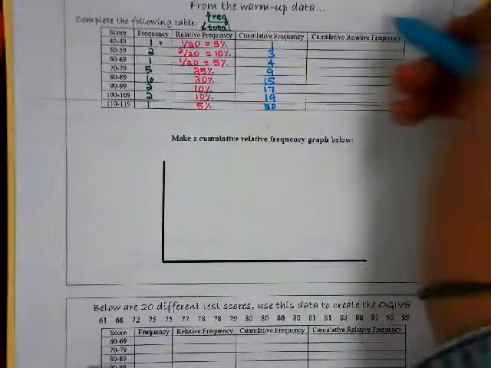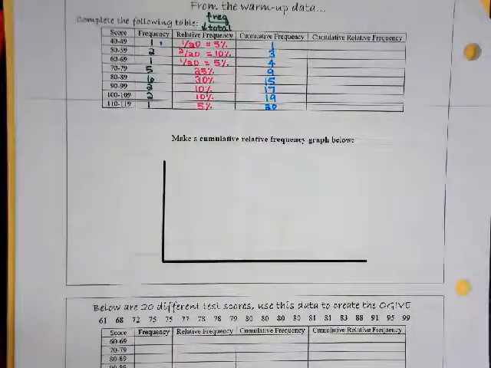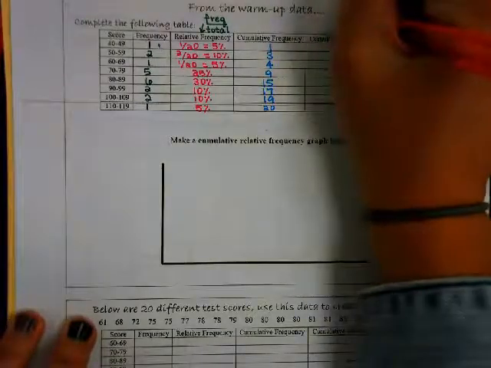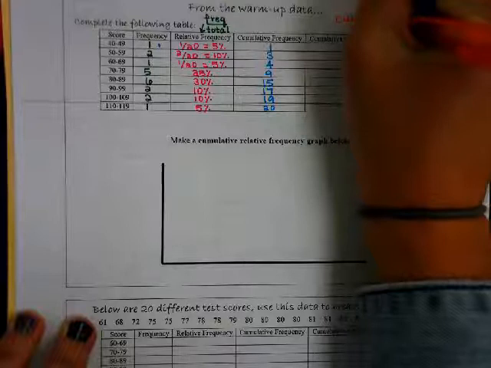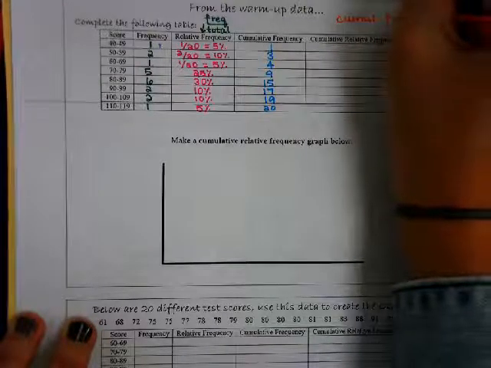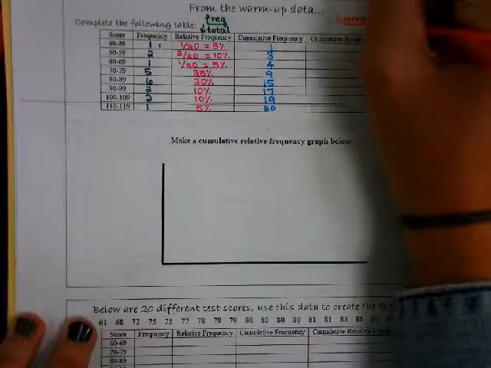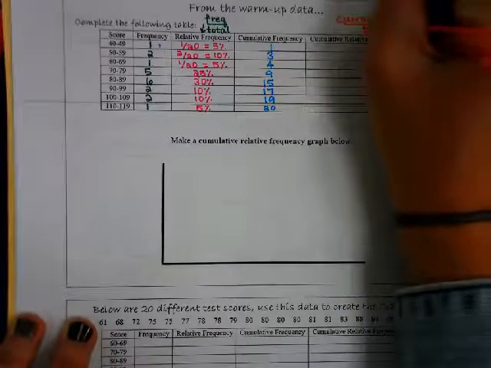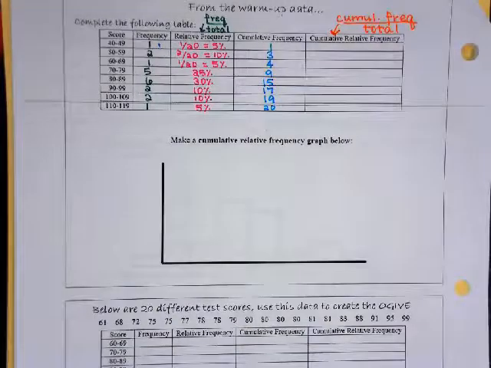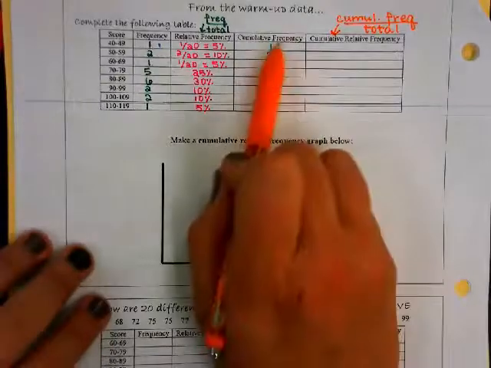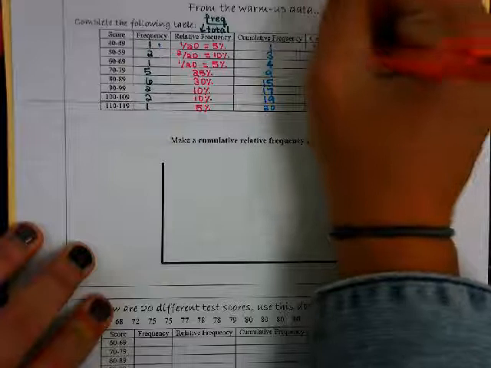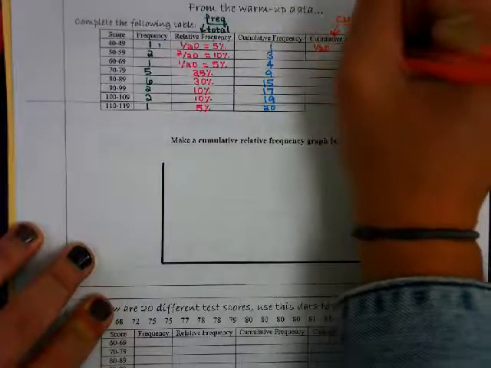Then the last one we're going to do is cumulative relative frequency, which is the cumulative frequency divided by the total. So we're going to take this column and we're going to divide by 20. So 1 divided by 20, which still is 5%.